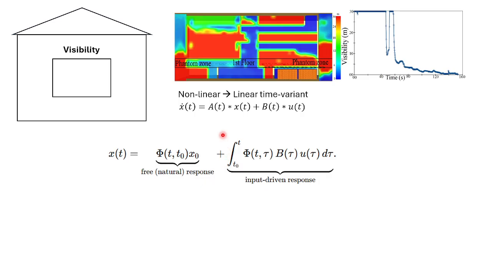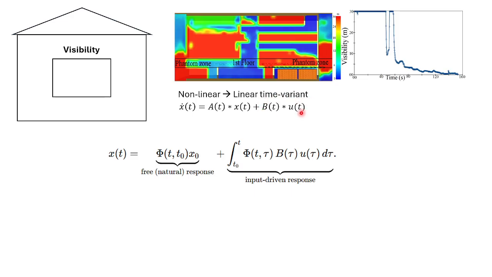Just think: if I didn't have this second term, then the first portion corresponds to x dot = Ax, as we said, when there would be no input, say u is equal to 0.